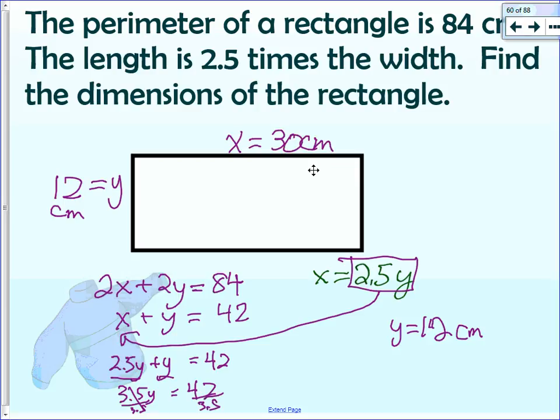So it's a 30 centimeter by 12 centimeter rectangle. And if I take this and I add up all the sides, 30 plus 30 plus 12 plus 12, it should add up to 84. Also, if I take the lower side, which is the width, and I multiply it by 2.5, I should get the length. Just to check what's happening.